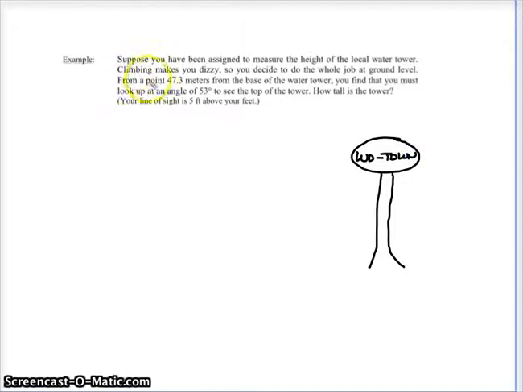Climbing makes you dizzy, so you decide to do the whole job at ground level from a point 47.3 meters from the base of the water tower. So here you are, not wanting to climb to the top, understandably, and you are 47.3 meters away.